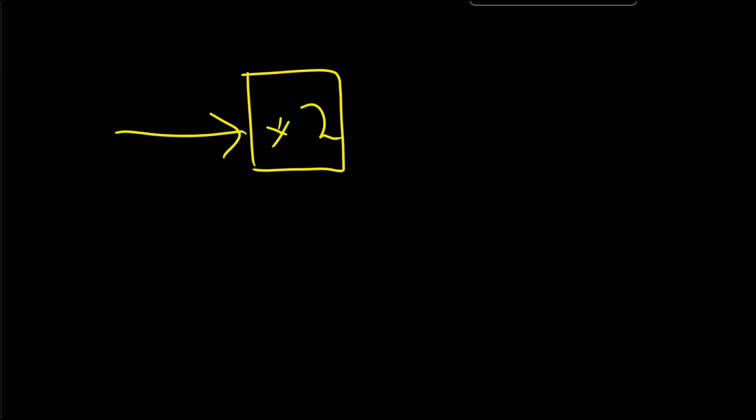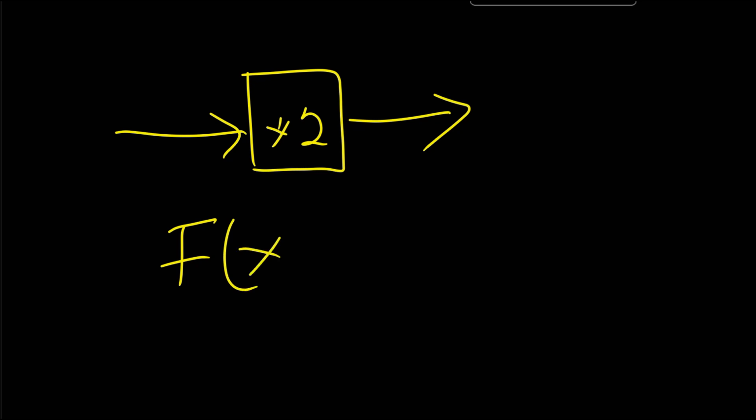Now let's go back to the function that we just represented with this box, where we said that it takes in the input and multiplies that input by 2 and produces the result as an output. This function can be represented in terms of algebraic expressions. If we call this function f, then we can say that f is the function name, and we write in parentheses an input variable, just a variable to represent the input, and then we equate this function to the rule guiding the output production from the input.